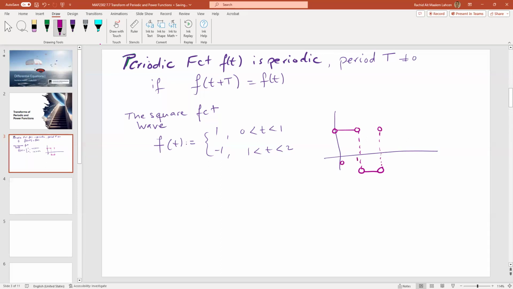So here is 0 to 1, and the value is 1. And of course, here's the open because it's strictly greater than 0, strictly less than 1. And then when it comes to between 1 and 2, the value is negative 1. So this can repeat, right? And let's draw it first.